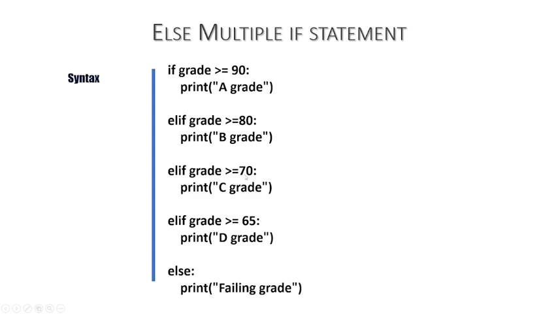Else if greater than 70, C grade. Else if greater than 65. So here we can say there are four conditions that are executed for the students. And if a student is not able to satisfy any one of the statements, then the student will fall under failing grade.